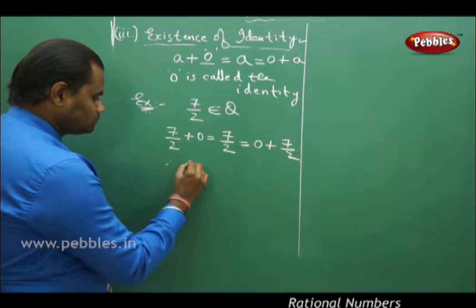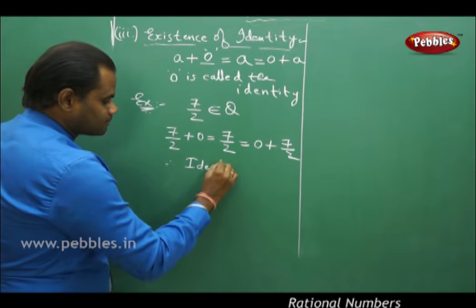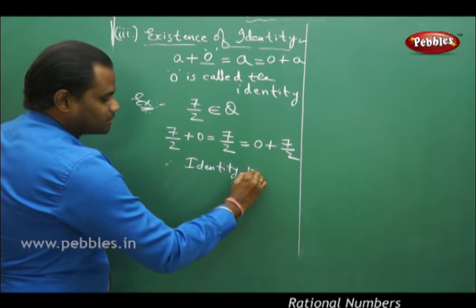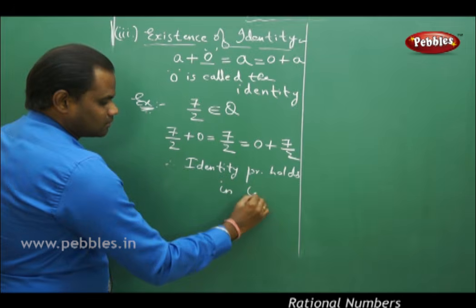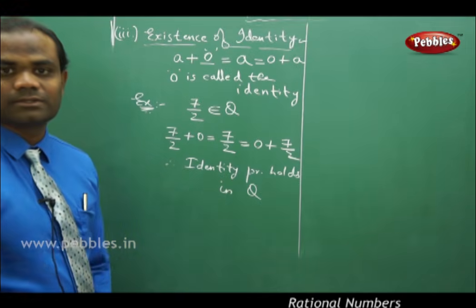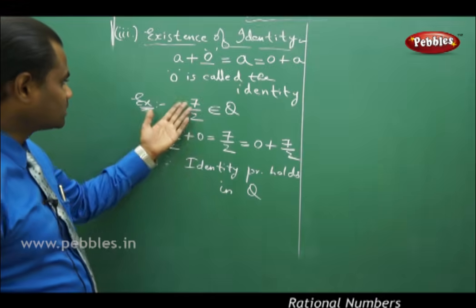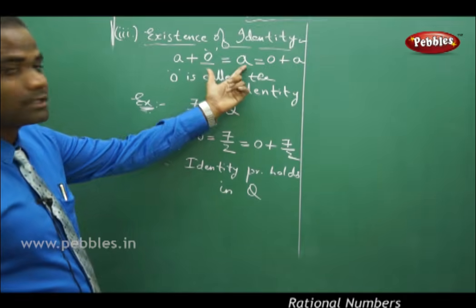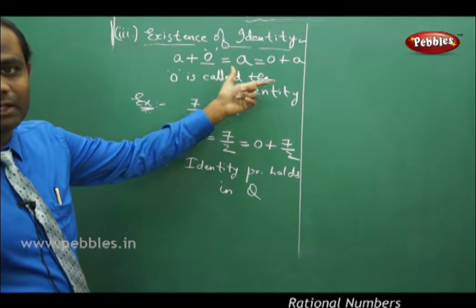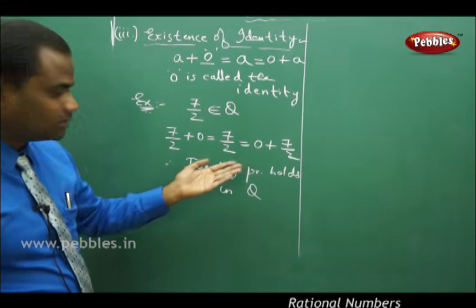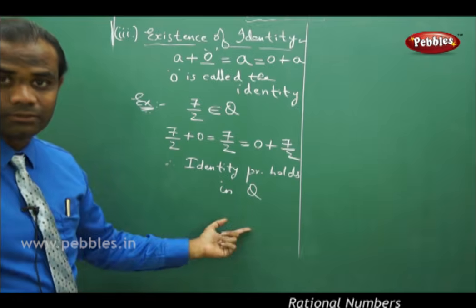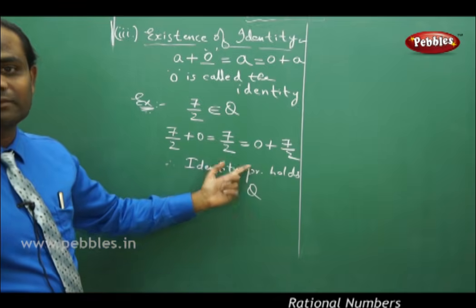Therefore, we say that identity property holds in the set of rational numbers. You take any rational number and add 0 to that, you get back the original rational number, and this property holds for any rational number using 0. And therefore we say that identity property holds in Q, and 0 is the additive identity.